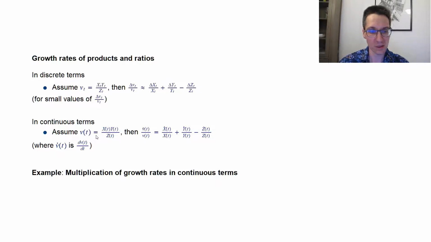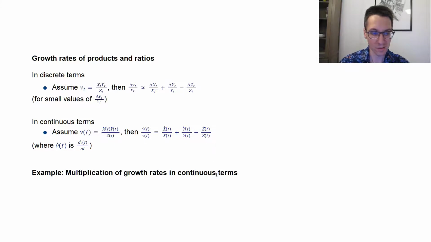So if it's the same expression, x times y divided by z, then the growth rate of v, so v dot of t divided by v_t, which is dv_t/dt over v_t, is going to be equal to the growth rate of x plus the growth rate of y minus the growth rate of z.